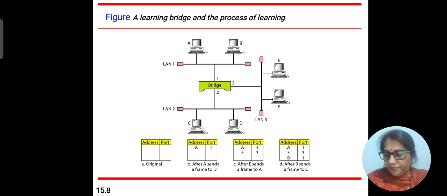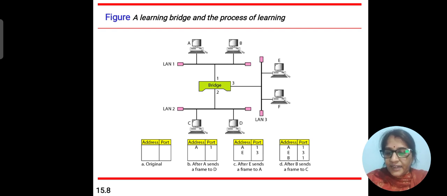In the figure, station A sends a frame to station D. The bridge does not have an entry for either D or A. The frame goes out from all three ports. The frame floods the network.